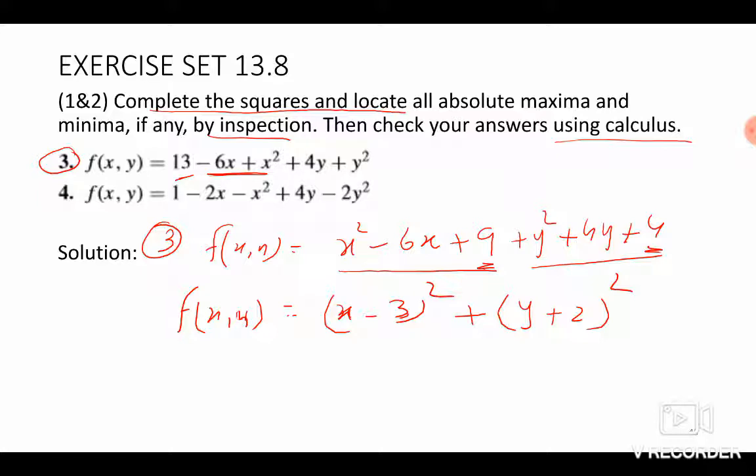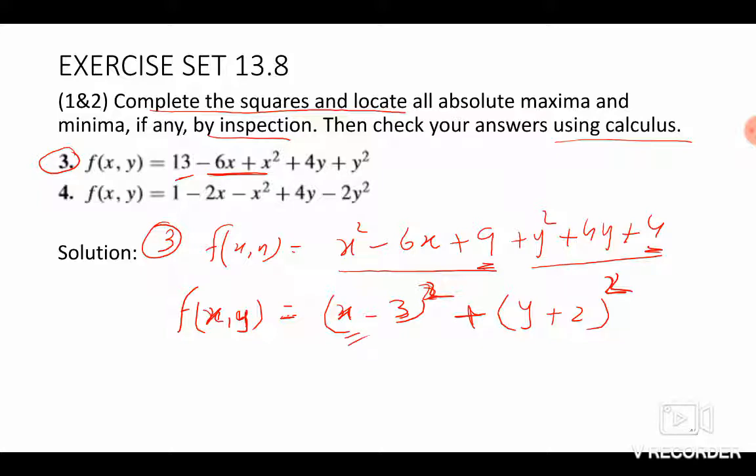Now the question is, what is the possibility for this function? What do we get from this function? Do we get maxima or minima? See, all the terms are square terms, so there is no way to get a negative value.